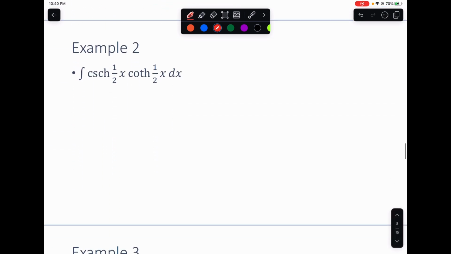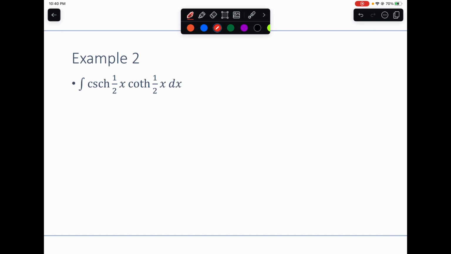So number 2, it's a product of hyperbolic cosecant and hyperbolic cotangent. Looking at the 10 basic integrals of hyperbolic functions, this is one among the 10. So there is a direct integral for the product of hyperbolic cosecant and hyperbolic cotangent, which is the negative hyperbolic cosecant of u. But in this case, we need to identify our u. Since our u here is 1/2 x, our du would be 1/2 dx.